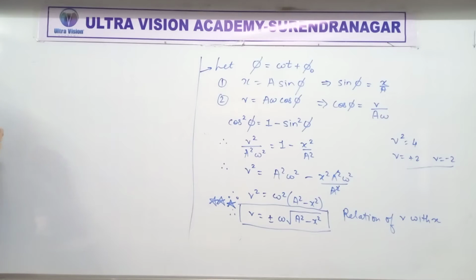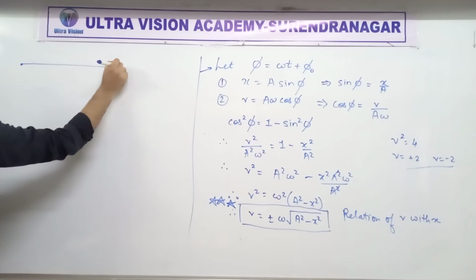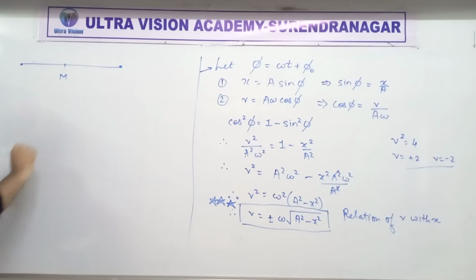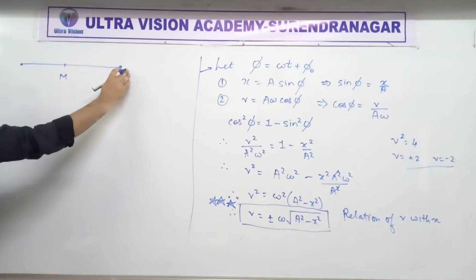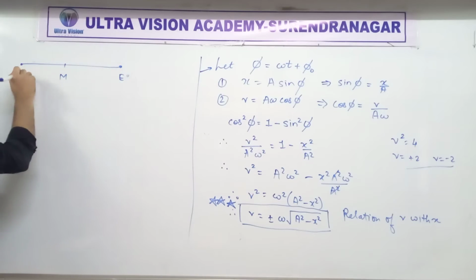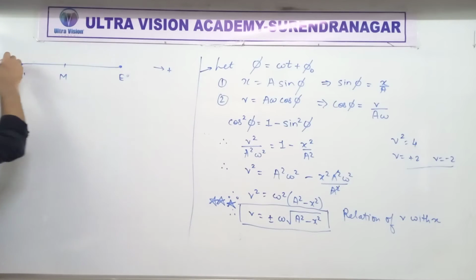Now let's try to see what happens at different points. So suppose here is the region where the particle is moving in SHM, and let's say as usual right side is considered positive and left side is considered negative.